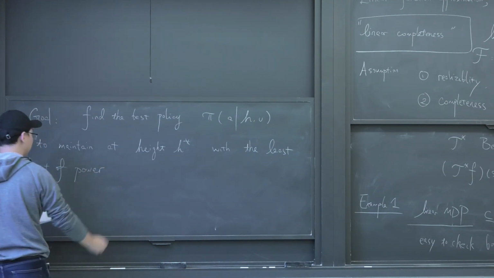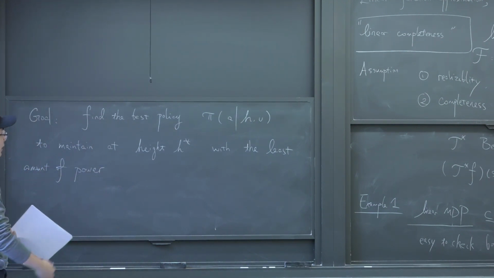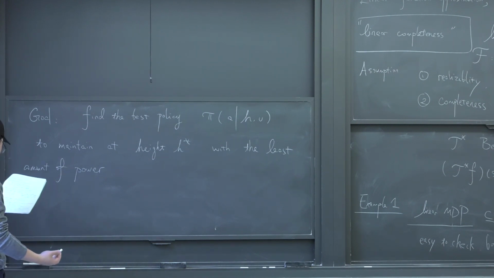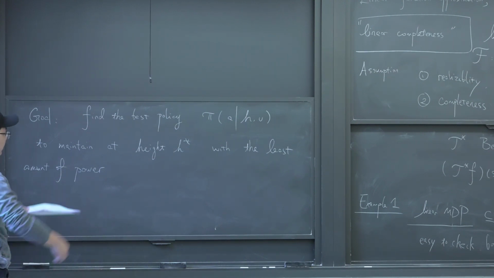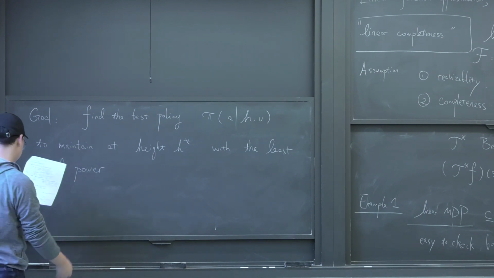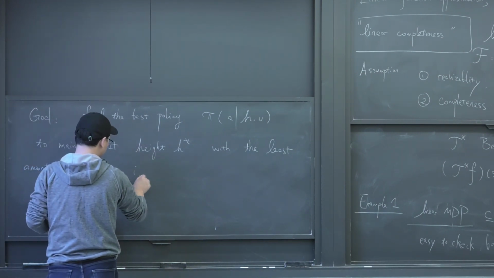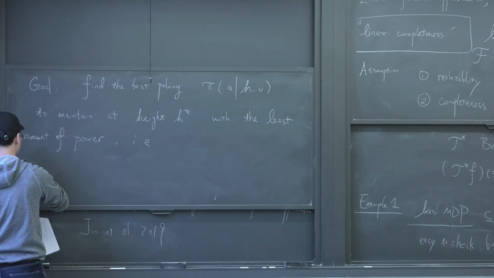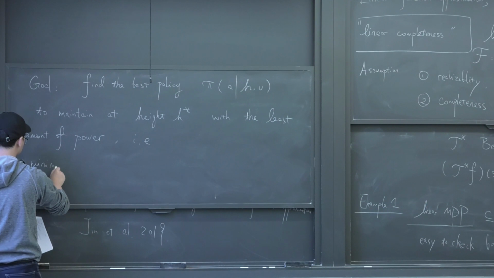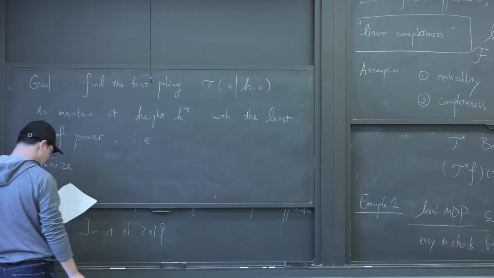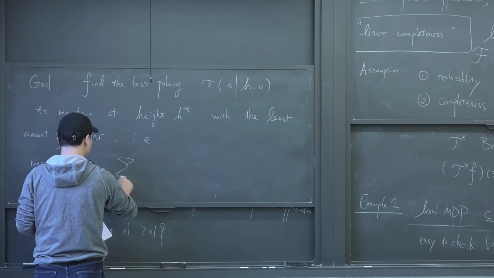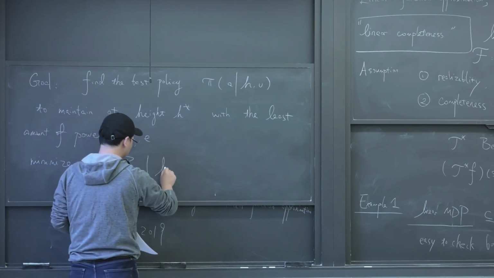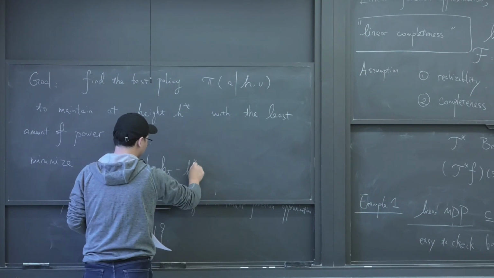So this is like a very natural objective. That is, we want to just maintain it at height h star, and we want to use as little power as possible. We don't want to make it oscillate a lot, wasting a lot of power. So in terms of mathematics, you can essentially formalize this as minimizing some objectives. So we just want to minimize the summation over t, where t is the time, of ht minus h star squared.